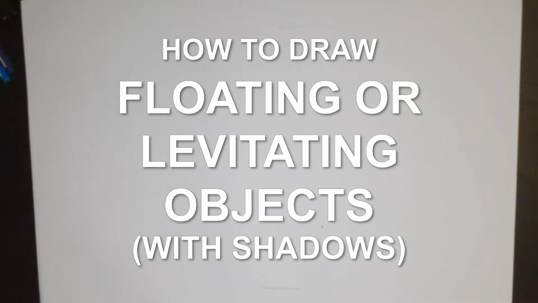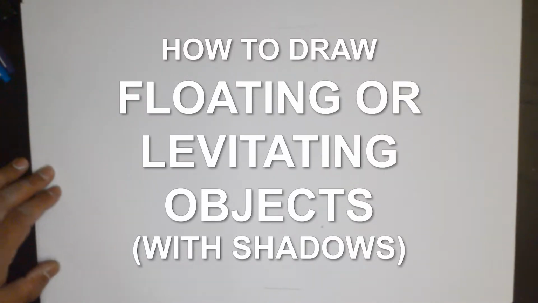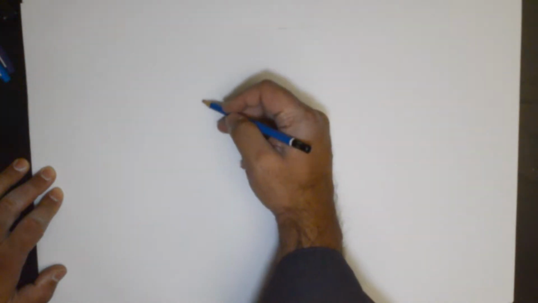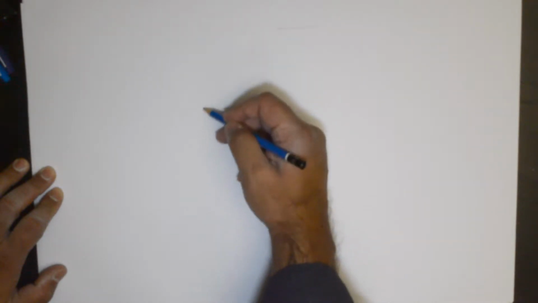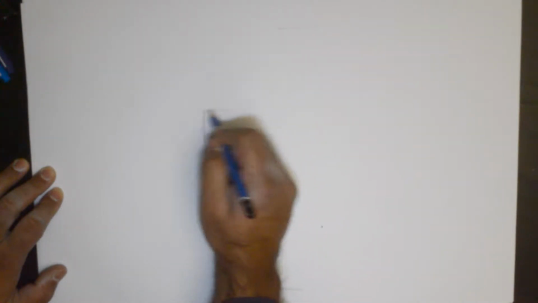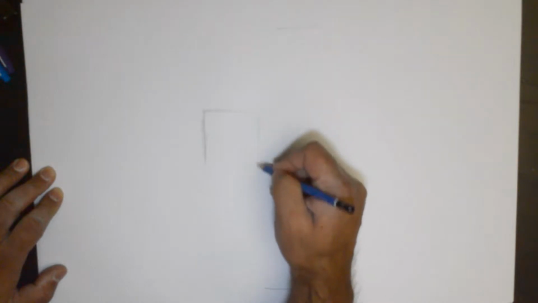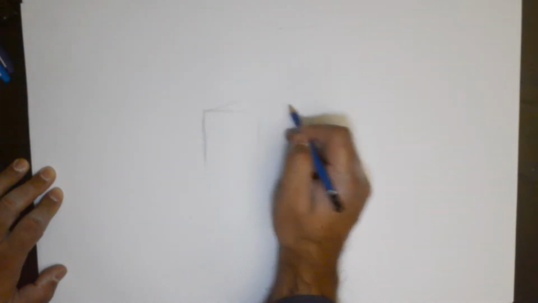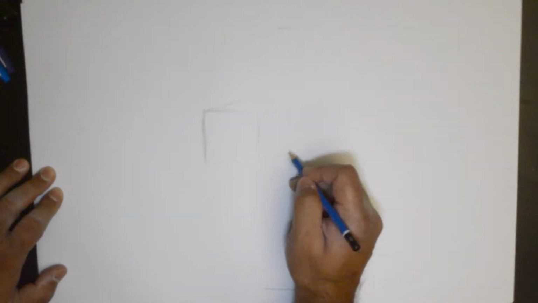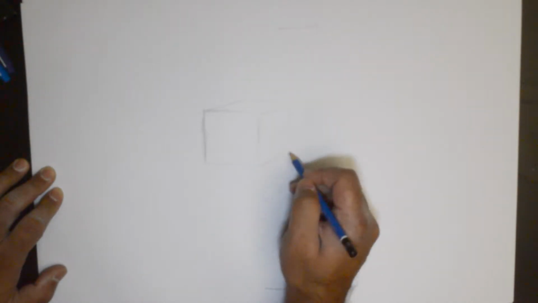Today we'll be drawing floating objects and what kind of shadows they cast. So we can do two different objects. We will do a box. I would put the box down somewhat like that, just for this exercise.